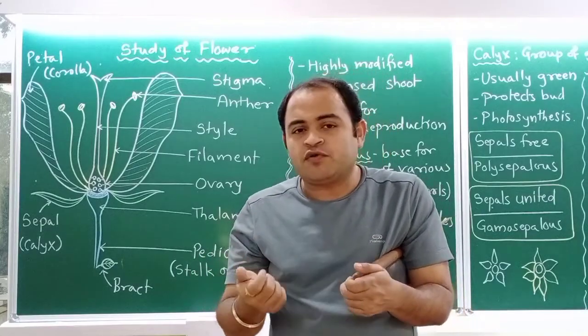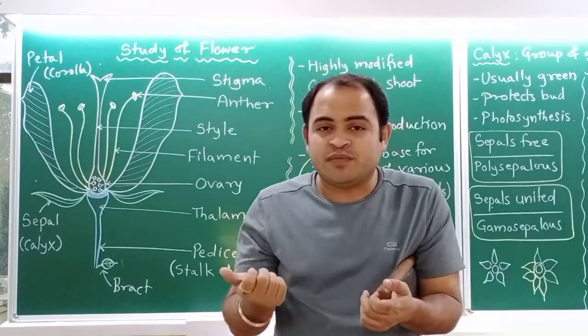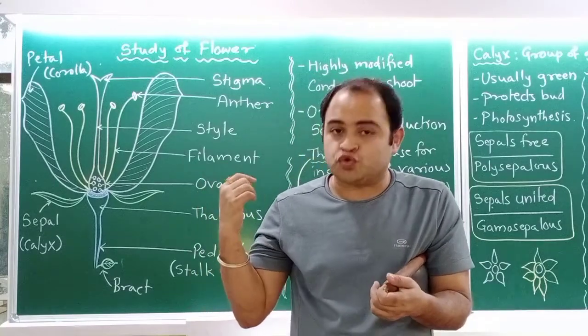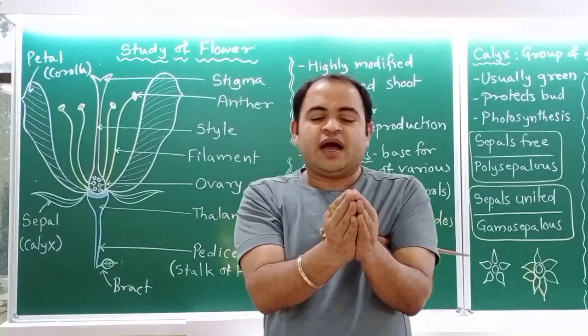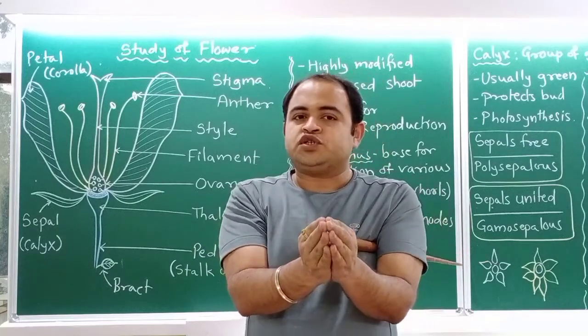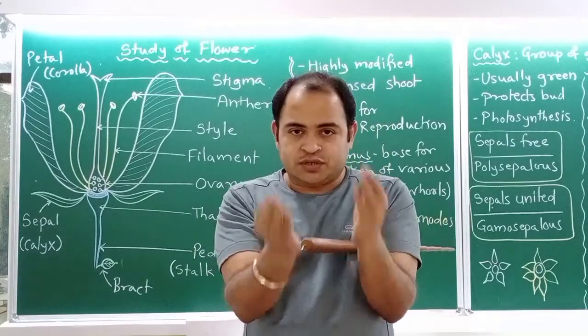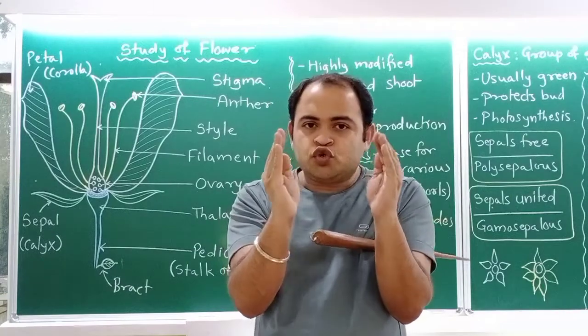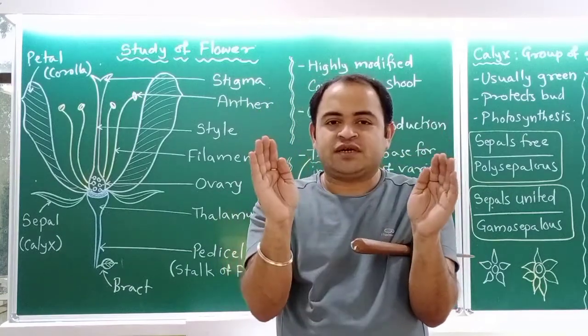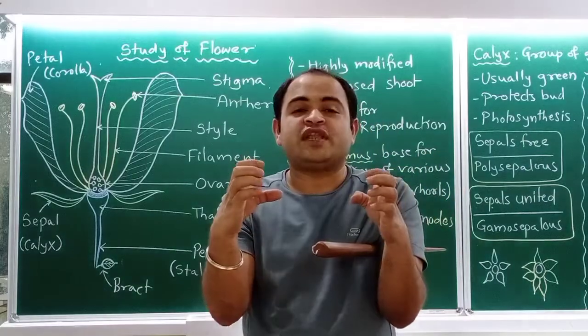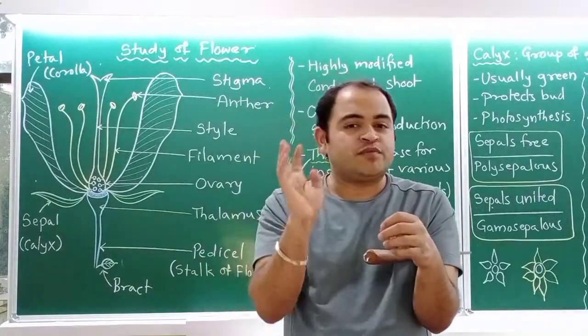Whenever we talk about various floral parts, you should remember we are talking about modified shoot. Now this particular anther lobe is usually a bilobed structure. There are two lobes, and in the two lobes, once again two halves are present, meaning 4 locules form. Total 4 chambers are present.